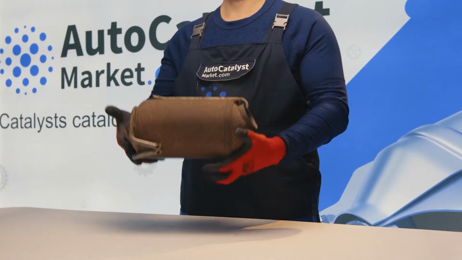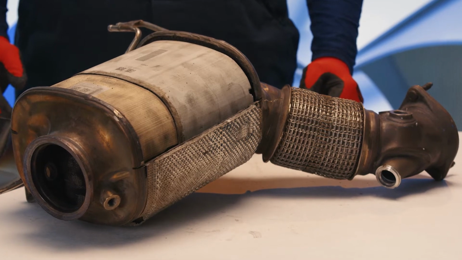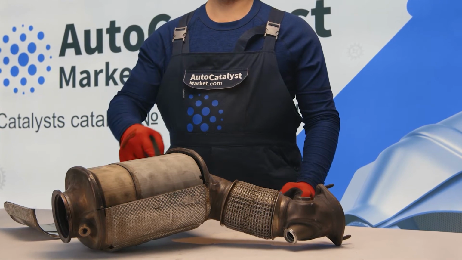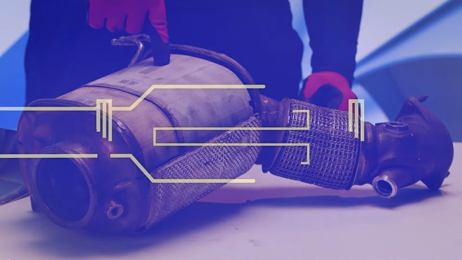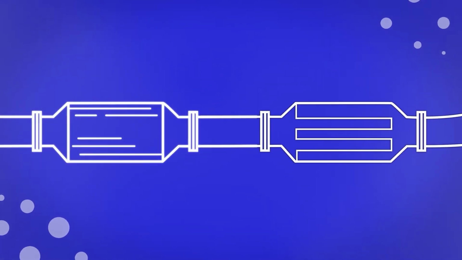The particulate filter can be installed either independently or along with a catalytic converter for better purification of the exhaust fumes. They can be located within the same case: first the catalytic converter and then the particulate filter, or separately in the exhaust system of the car: first the catalytic converter and then the particulate filter.